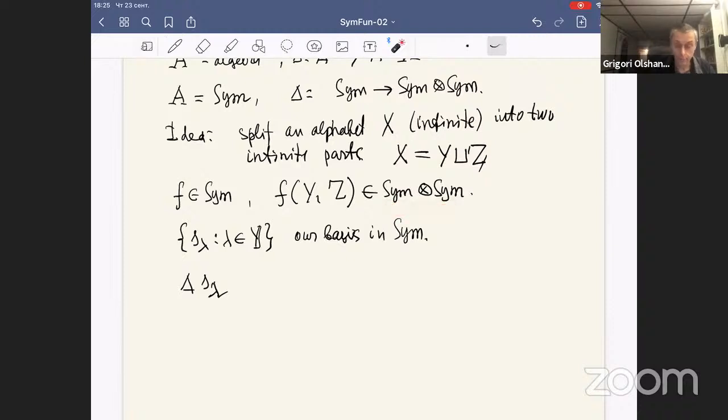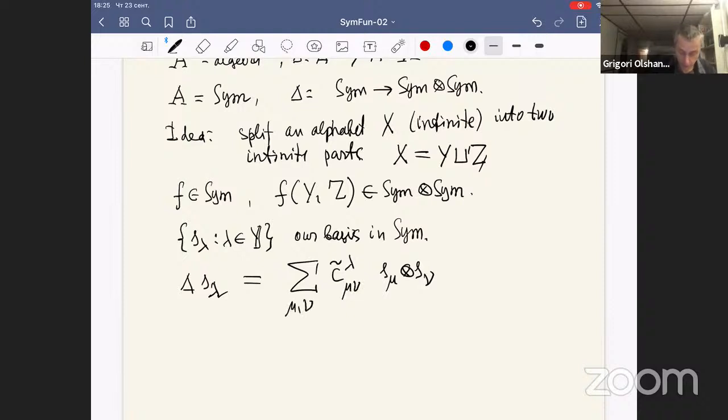And here we have a basis formed by tensor products of two Schur functions. So we can expand and get some coefficient. For some reason, I will denote it as follows. And the sum is finite.